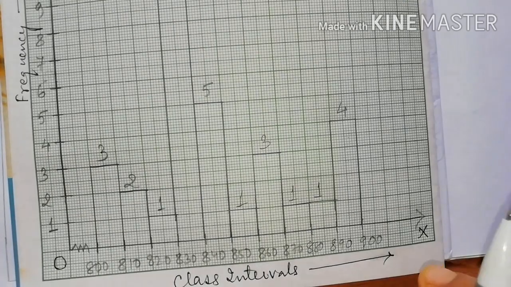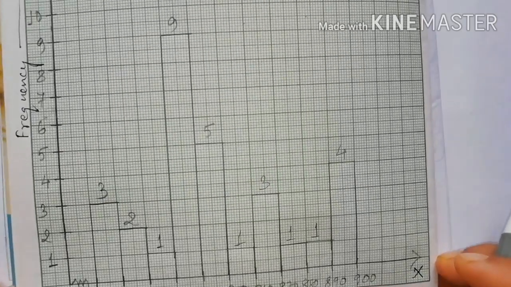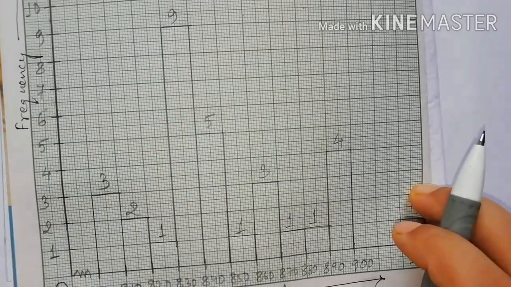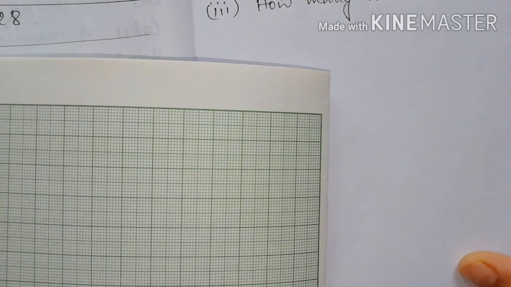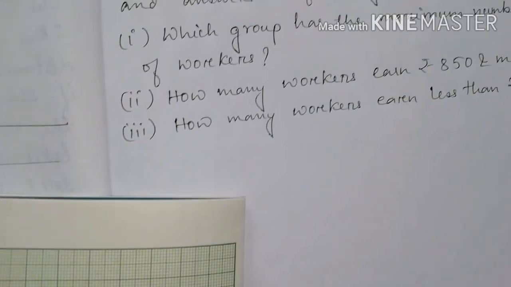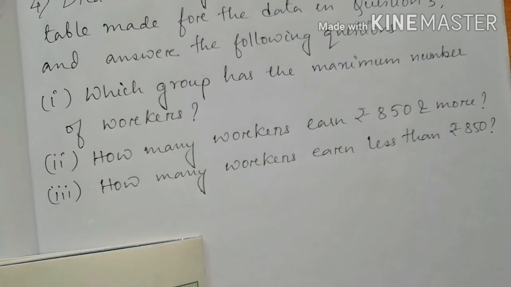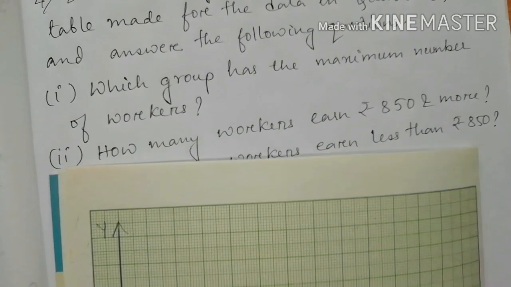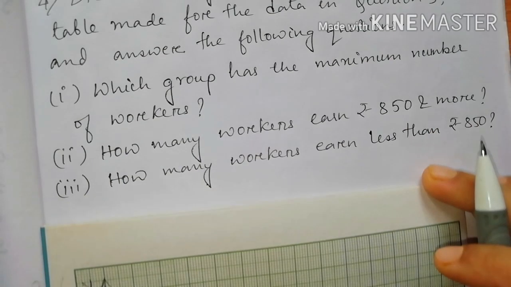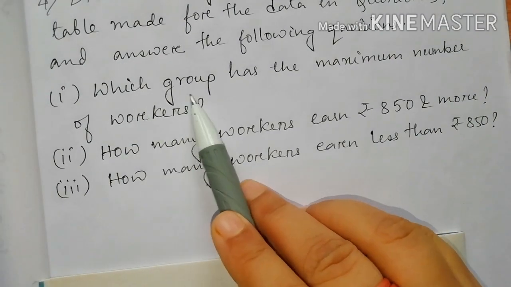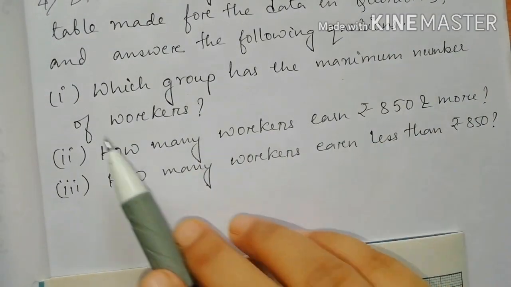So now, using this graph, we'll try to find the solution of the questions given in question number 4. Which group has the maximum number of workers?